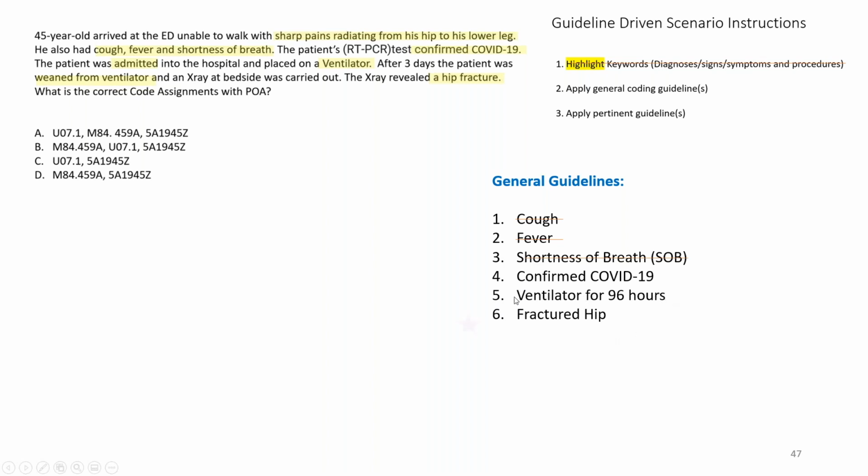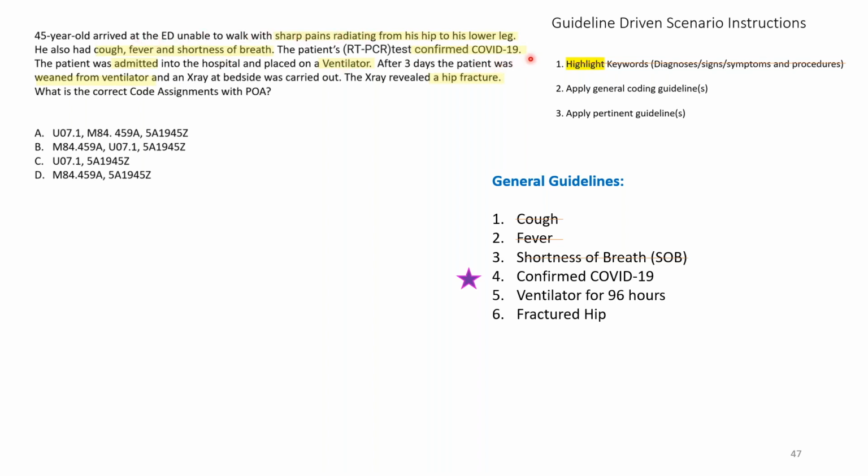And remember, ventilator is a procedure, right? You all see where I'm going? All right. So, confirmed COVID-19 will be your principal diagnosis because while the chief complaint of the patient was the sharp pains radiating from the hip to the lower leg, and the patient was unable to walk, that's a chief complaint, but it is not the chief reason for the inpatient admission.